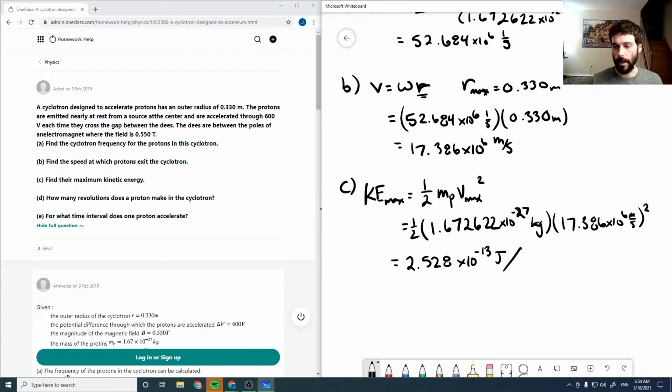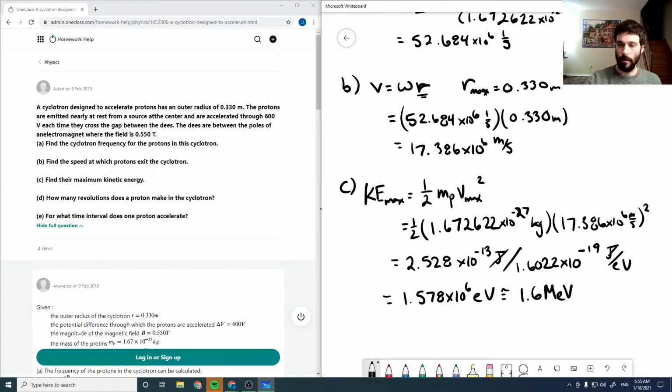And then just converting it to eV, which is kind of a nicer unit when dealing with these kinds of units, the conversion factor is just the charge on an electron in joules per eV. So our joules are going to cancel, leaving us with eV, 1.578 times 10 to the 6 eV, which is about 1.6 mega eV.